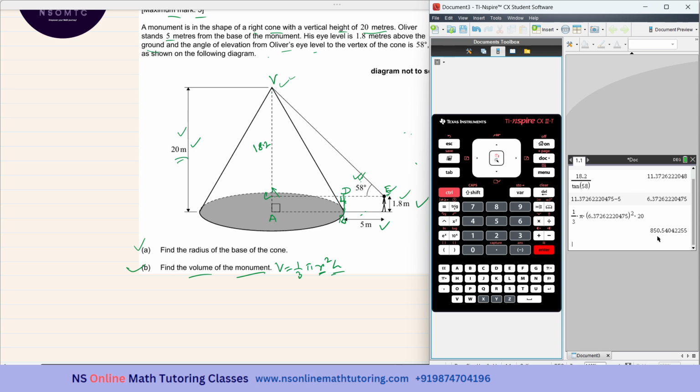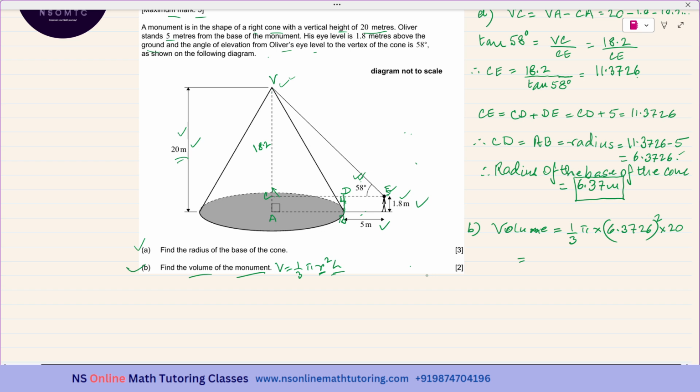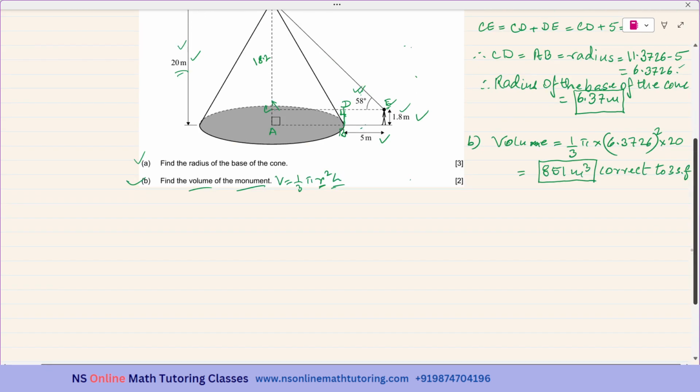This time it is the final answer, so I can give the answer correct up to 3 significant figures. It is 851 meters cubed. This is correct to 3 significant figures. The radius is also correct to 3 significant figures.